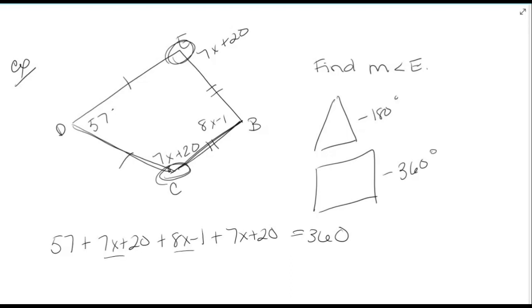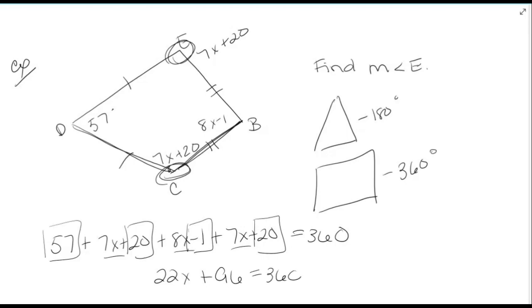All right, so let's combine all of our x's here. We're going to get 22x. And then if we add our constants, looks like 22x plus 96 equals 360. And if you solve that down, you're going to get x equal to 12.